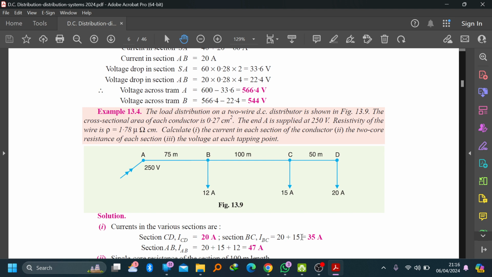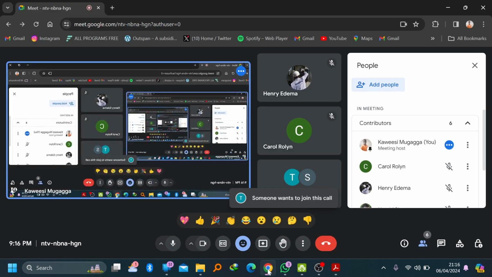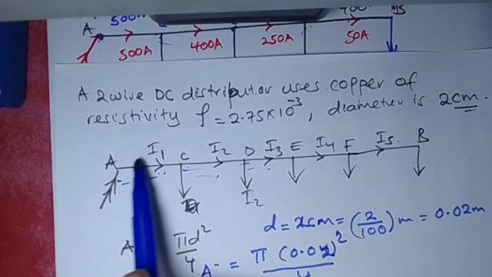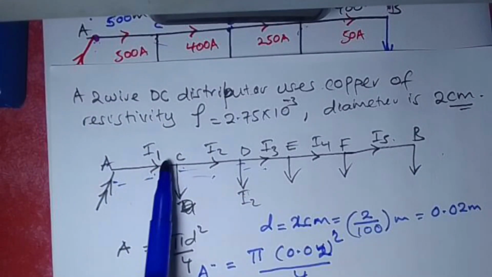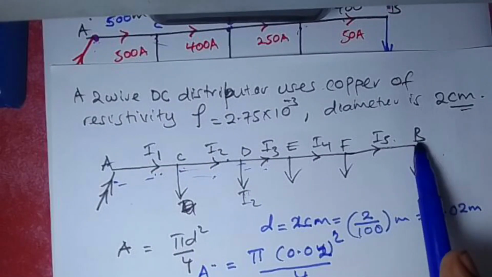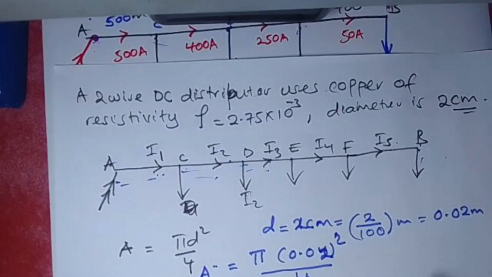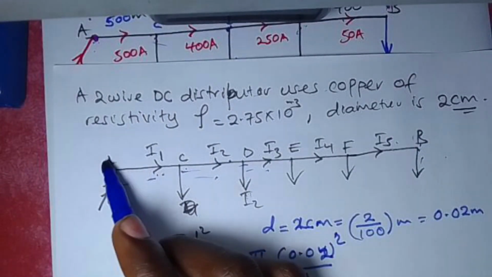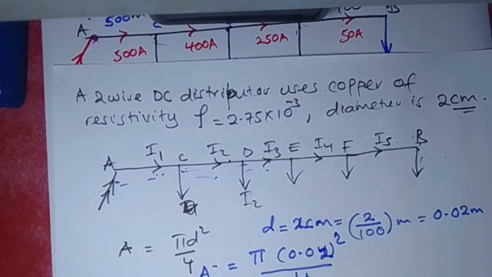Yes, it means you have to calculate the total voltage drops along the particular line from point A to point B. For example, if we want to get the maximum voltage drop, it is going to be equal to the total voltage drops at this point, this point, this point, up to the point of minimum potential, if point B is our point of minimum potential and point A is our point of maximum potential.